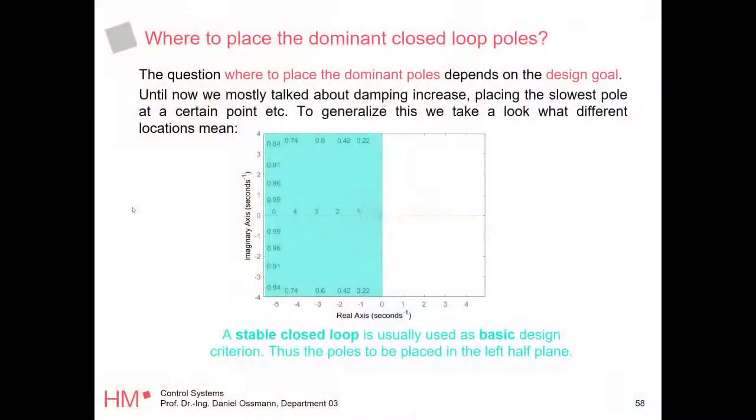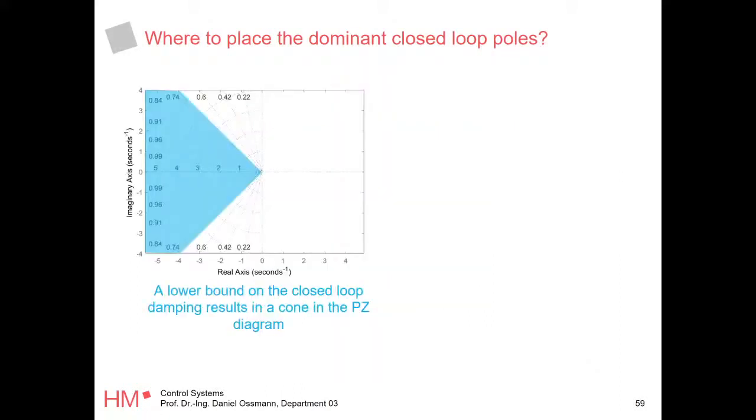The issue with that is that you can say, okay, this here will be a stable system, right? Or this here. However, it is problematic because it's so close to the unstable region.